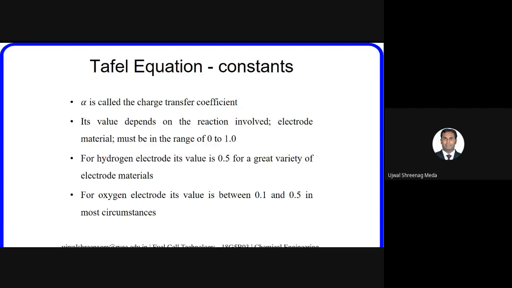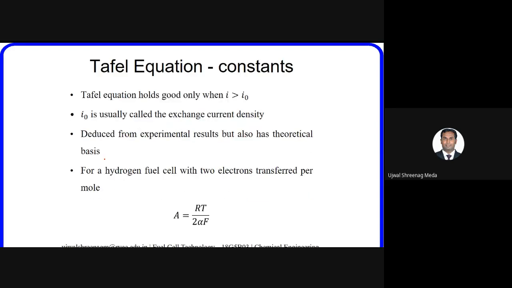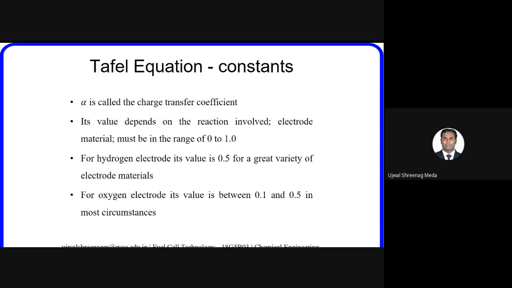So what are we talking about? Activation losses. These activation losses can be expressed in terms of an equation known as the Tafel equation. The Tafel equation has two major constants, A and I naught, and we are talking about constant A, which can be further expressed as RT by 2 alpha F. In that, the new term is alpha, which is defined as the charge transfer coefficient.